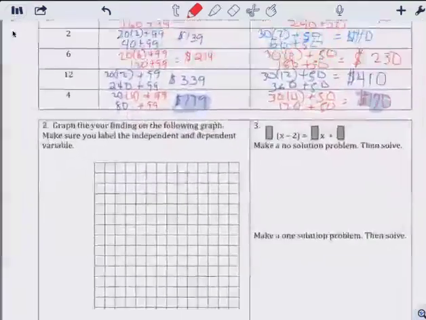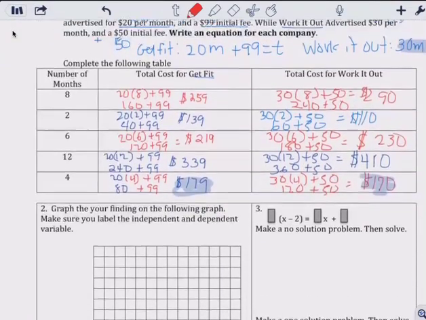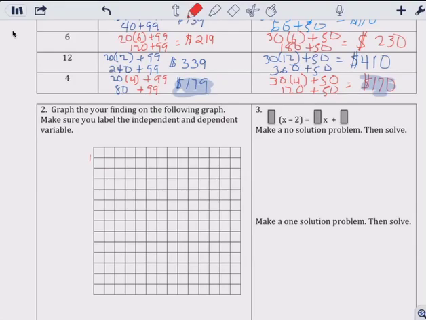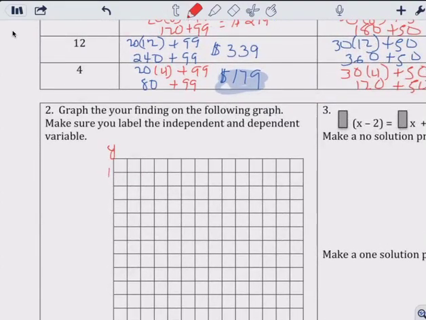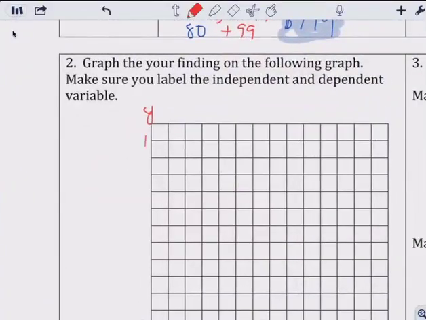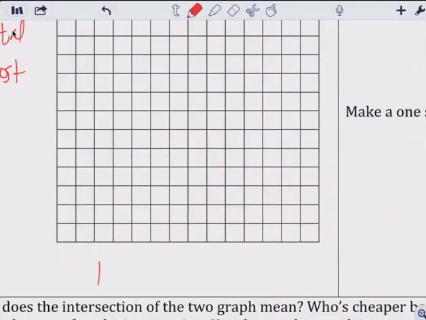Okay, so here we need to label this graph. The y is the answer, which is the total cost. And on the bottom side is the number of months.